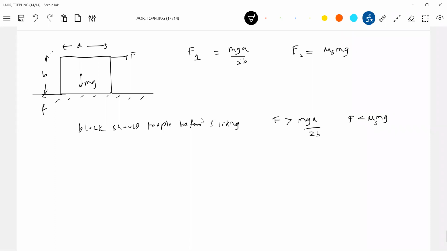So definitely this force is less than mu s mg. So mu s mg is greater than this when the block topples before sliding. Therefore mu s should be greater than or equal to a by 2b. This is a method of solving the problem.